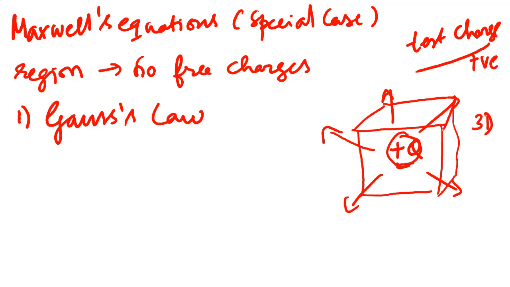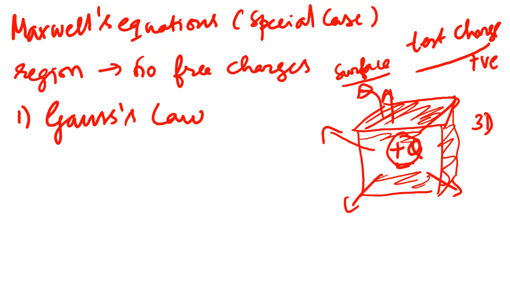So this positive charge, let's say, is sitting inside this cube, and I'm looking at the surface that is enclosed by this volume, this 3D cube. So just the surface of the 3D cube, right? So not the entire volume. We are looking at the surface that is enclosed by a volume, and that's very important when you look at the integral form of Gauss's law.